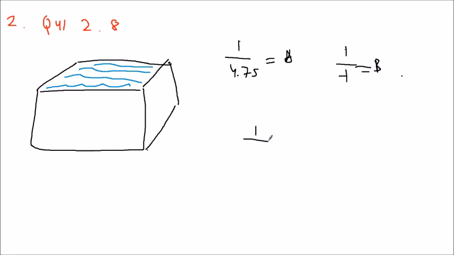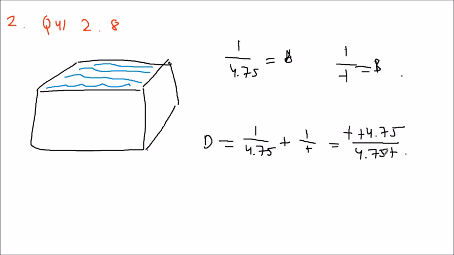It'll be 1 over 4.75 plus 1 over t. It's done in 1 hour, so we don't have to multiply anything. You multiply t on both sides, and then 4.75, so you'll get d equals t plus 4.75 over 4.75t.